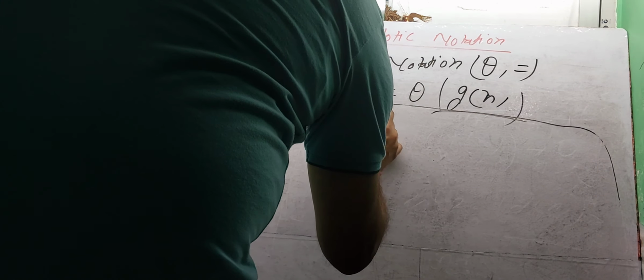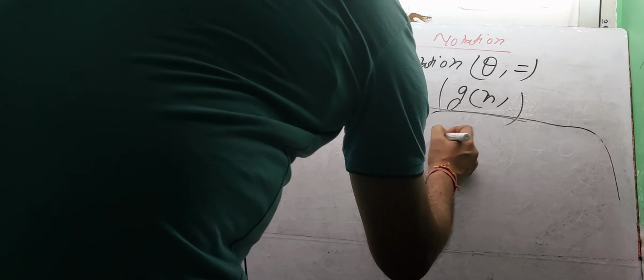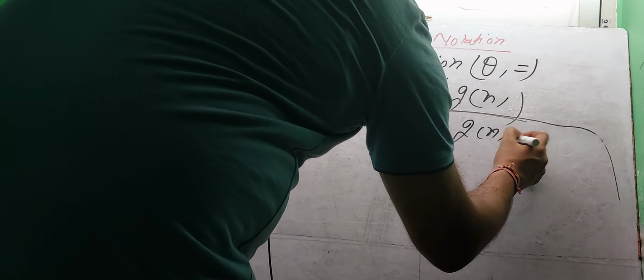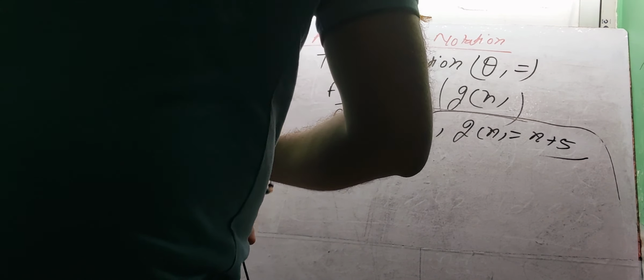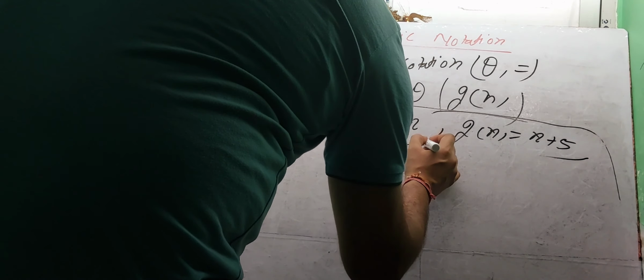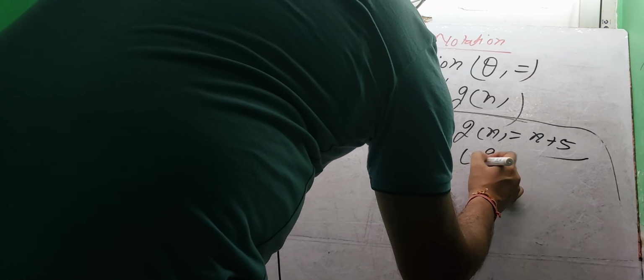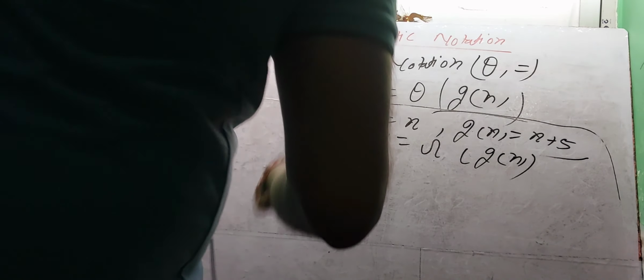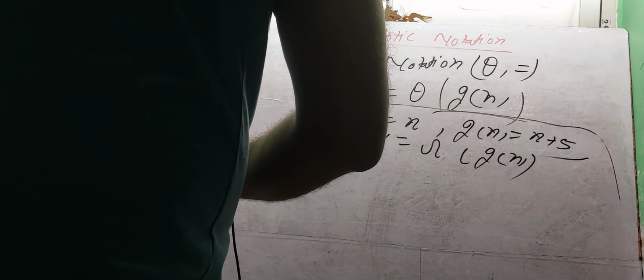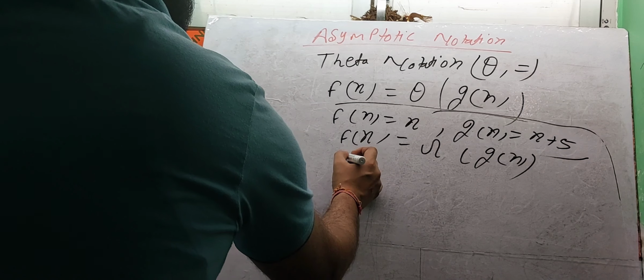If f of n equal to n and g of n equal to n plus 5. Okay. Now, can we write f of n as omega of g of n? Yes, we can write. We will take one c value.